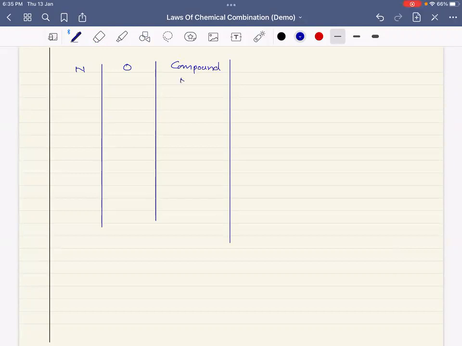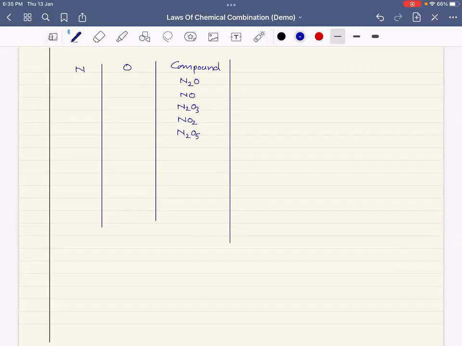So let's say first compound formed is N2O, second is NO, and third is N2O3, and the fourth is NO2, and fifth is N2O5. So we are given these 5 compounds.